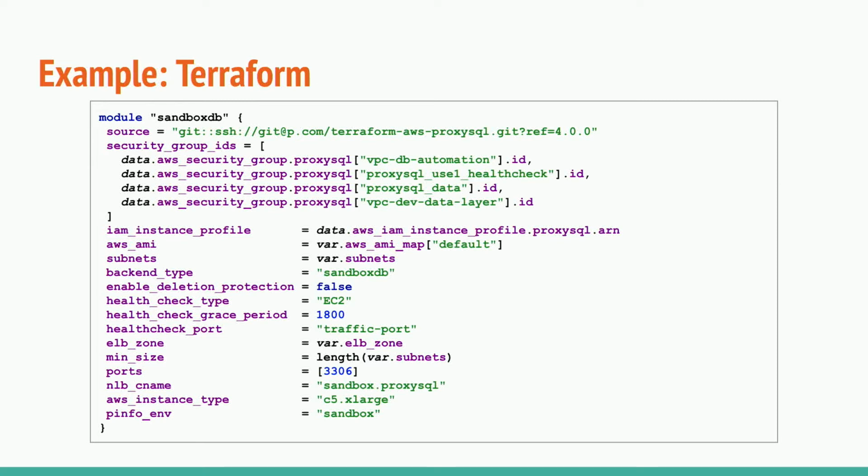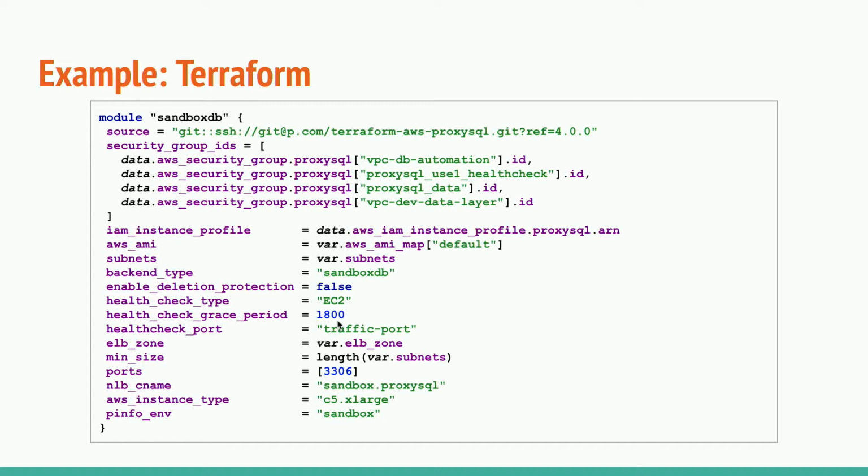What is notable about this? I specify the backend type, what shard it is. I specify the health check type. I will cover this part because it's important for ProxySQL.